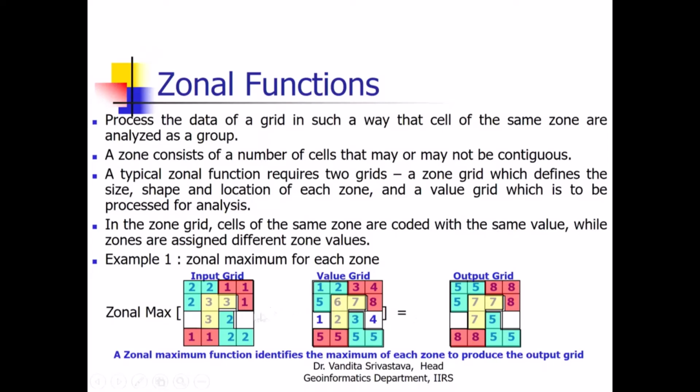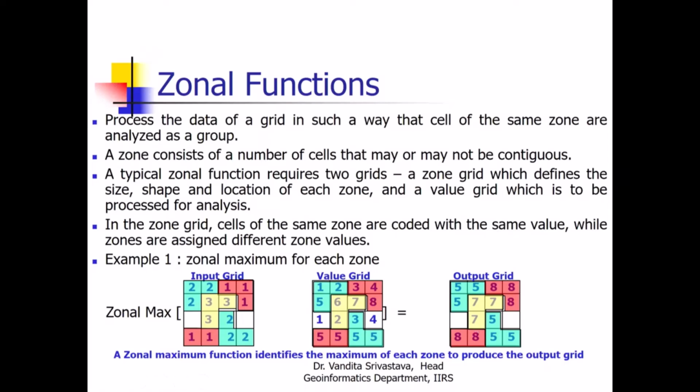So the entire zone 3 is now replaced by a value 7. Here the 3 is not the value, it is the definition of the zone. It is zone 3. But here, because we are taking the value from the value grid, this is representing the maximum value inside this zone. So it is a zonal maximum operation.